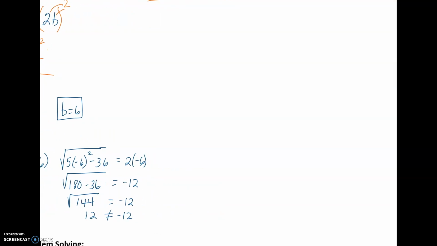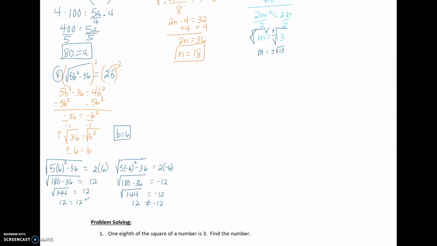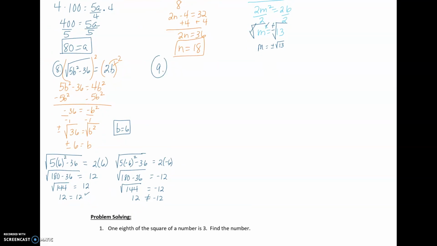All right, let's try another one. Number 9. The square root of x squared plus 9 equals 3 minus x. To undo the radical, I'm going to square both sides.